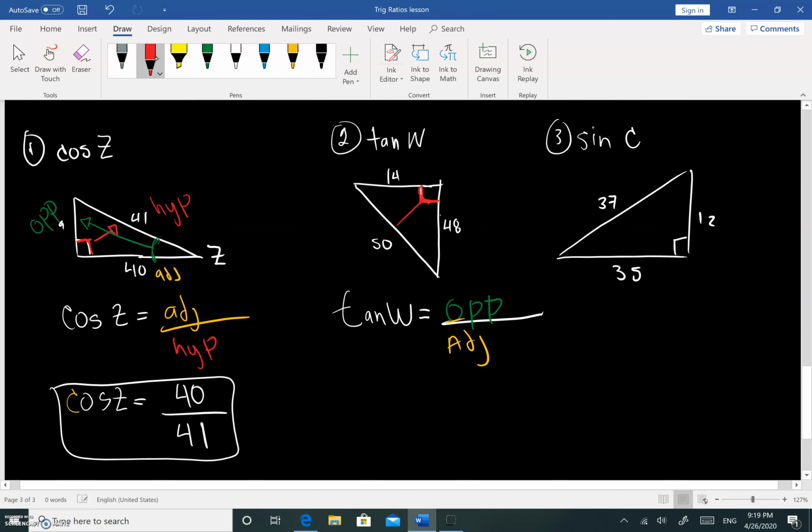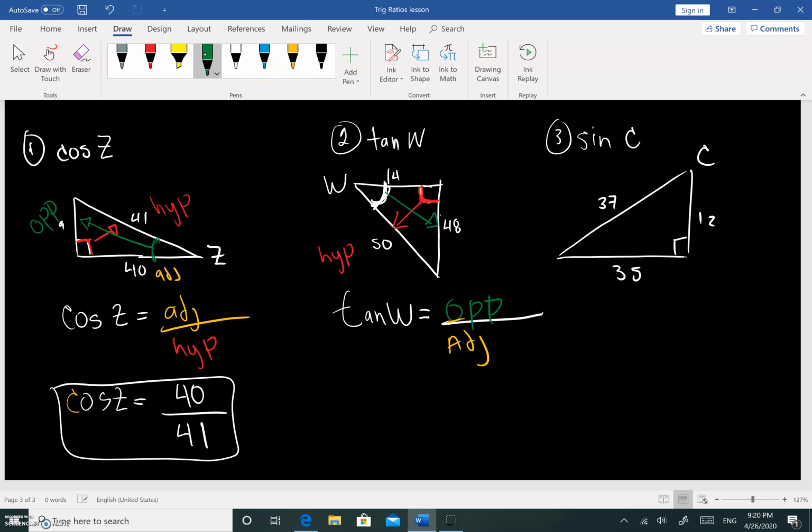All right. So let's always start by finding the hypotenuse first. So the hypotenuse is the side that is opposite to the 90-degree angle. So that's going to be my hypotenuse. Then from here, we have to identify where W is, which I did not specify. So let's just write them out. So let's make this one W, and let's make this one C. So now, since this is W, we have 48.